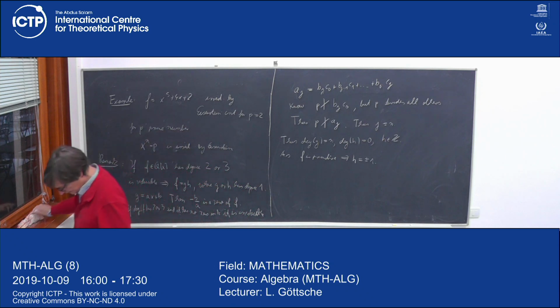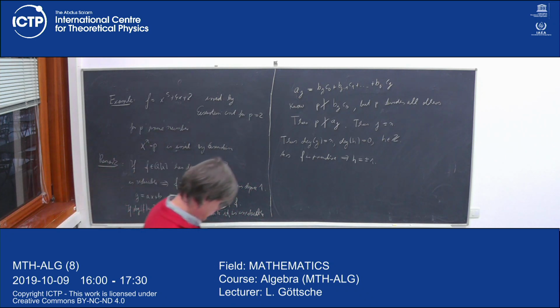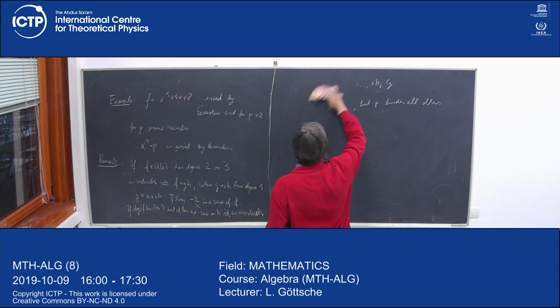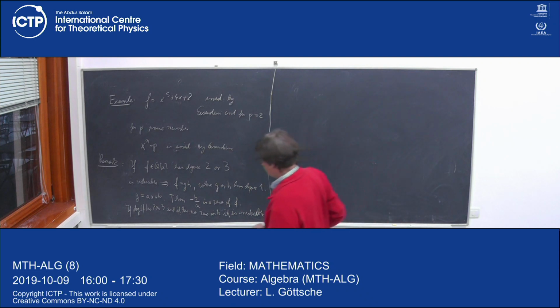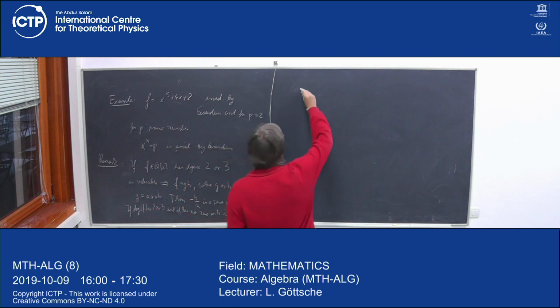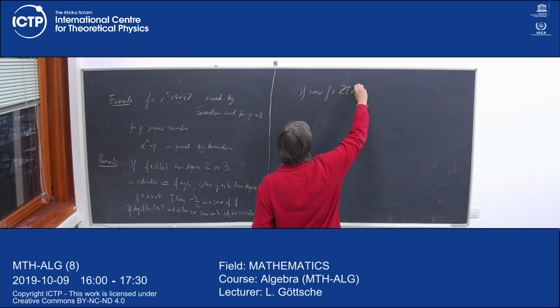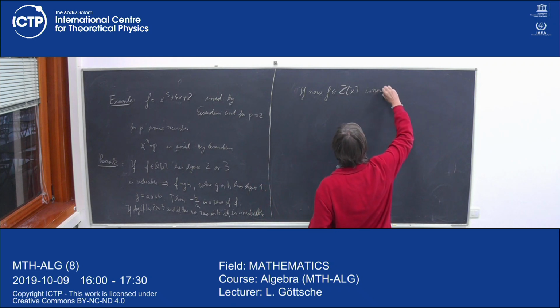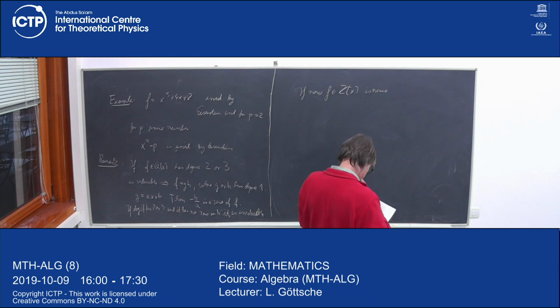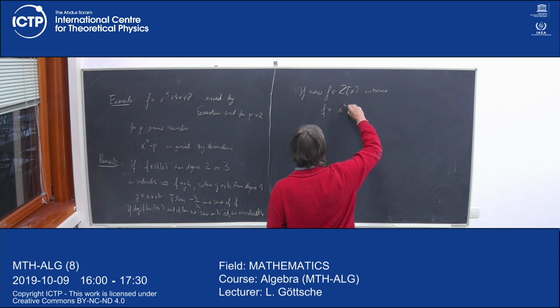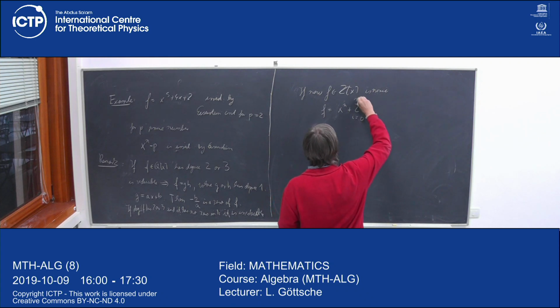And there's this exercise that I gave you. If I now assume that I have a monic polynomial with coefficients in Z, so f in Z[x] is monic, so that means the leading coefficient is 1, that is f is equal to x to the n plus the sum for i equals 0 to n minus 1 of ai x to the i.